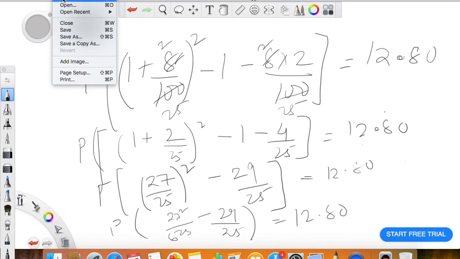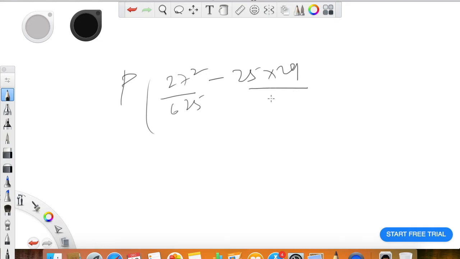I was thinking the terms will simplify, but I don't think so, so I'll have to calculate 27 square upon 625 minus 25 into 29 upon 625. Right, so 27 into 27, 9 9s are 81.